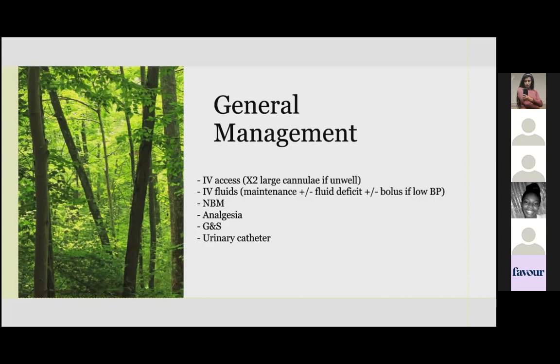Again, if you think a patient potentially is going to need surgery, you need to send group and save because they might need blood transfusion if they go for theatre. And a catheter is a good idea if a patient is systemically unwell, because this is a good way of monitoring the end organ perfusion.